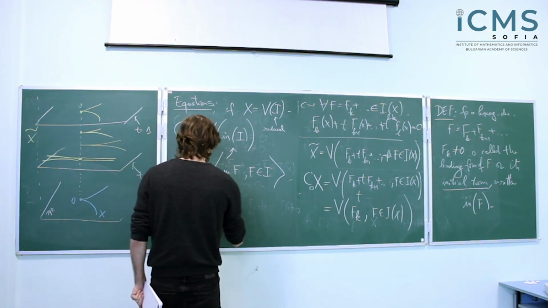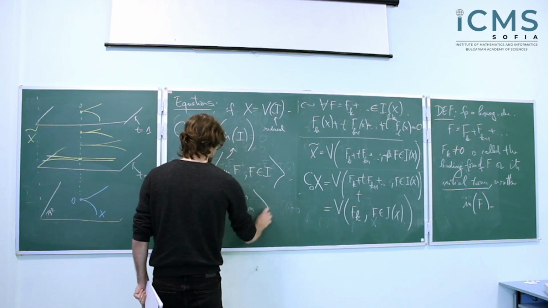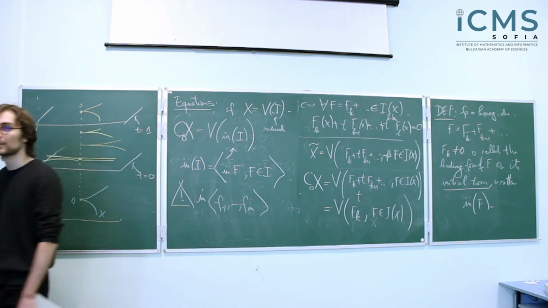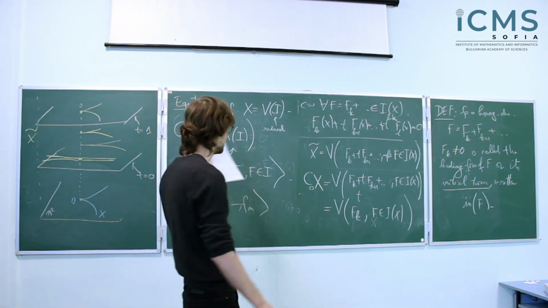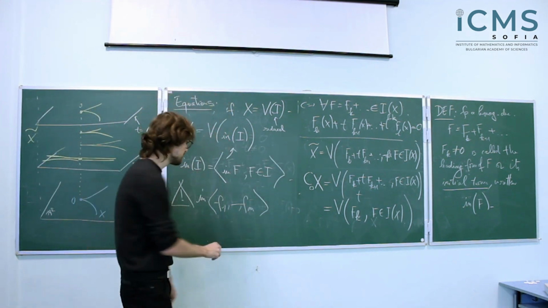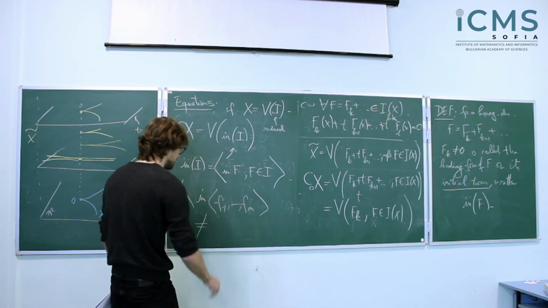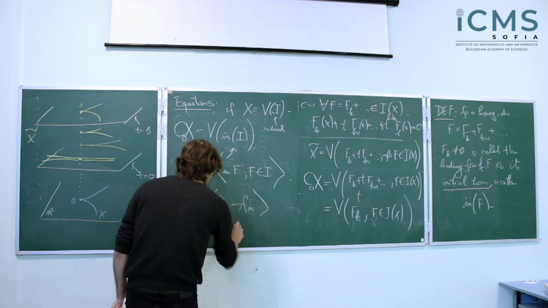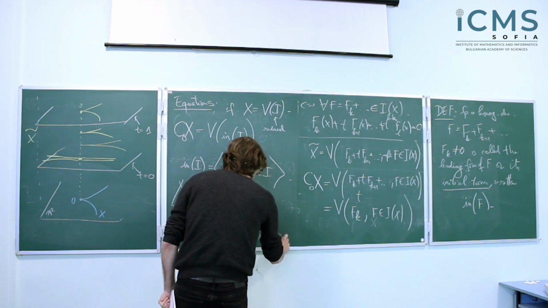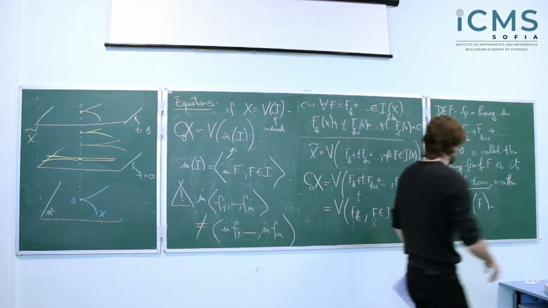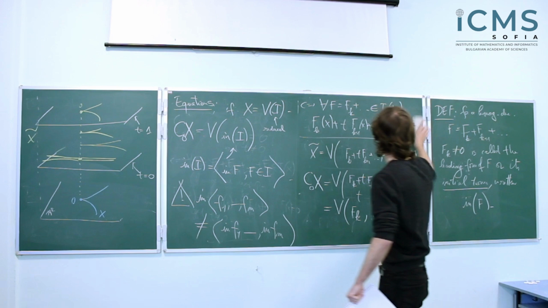If I have generators like this, and I want to take the initial terms of the ideal, this will usually not be the ideal generated by the initial terms of the generators. And for that, I'm going to give you the simplest example we have.